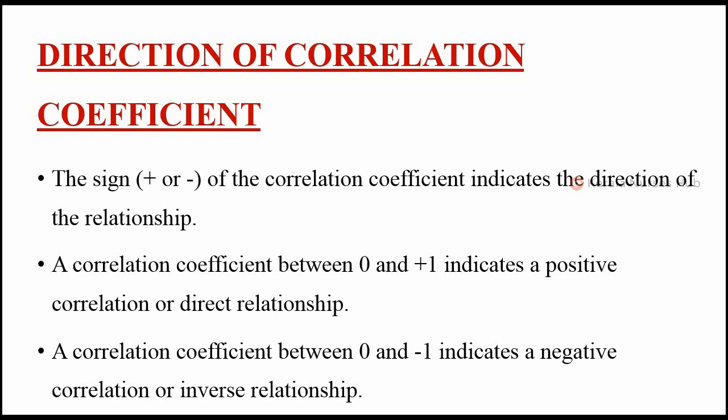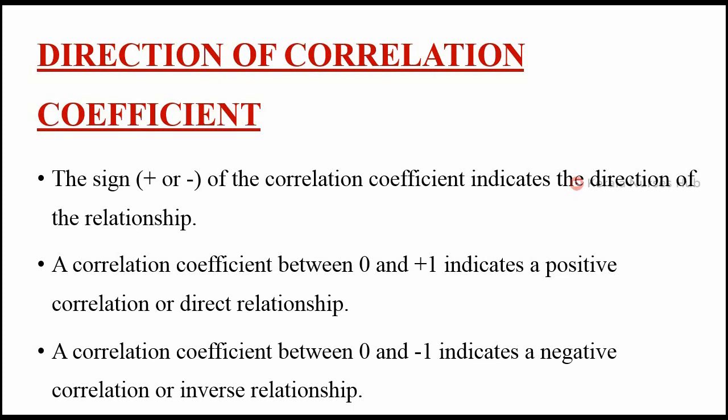Next, we'll see the direction of the correlation coefficient. Usually the direction is indicated by the sign, that can be a plus sign or a minus sign. These signs will show you the direction of the relationship. If the r value is ranging between 0 and +1, it indicates a positive correlation or a direct relationship.